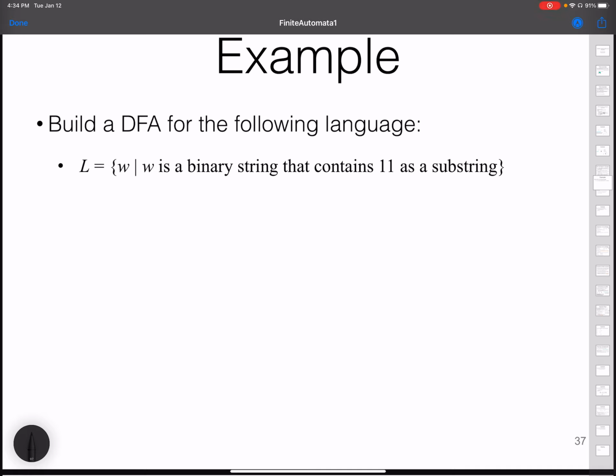When you are approaching a problem and you want to design a DFA for it, you should first think about the states that you need, and write down some definition for each state, which formally we call a state invariant. If it is such a thing, I will be in this state.